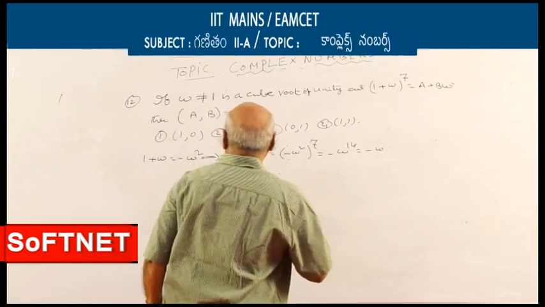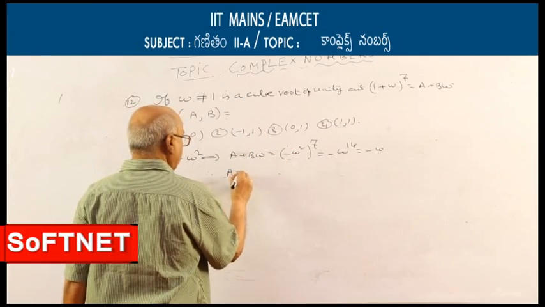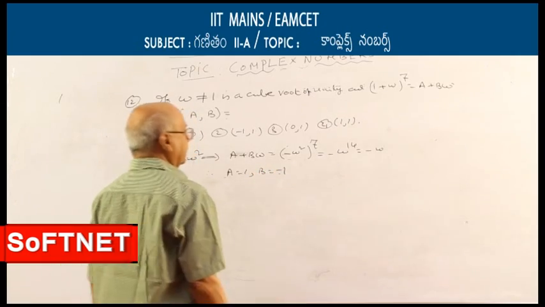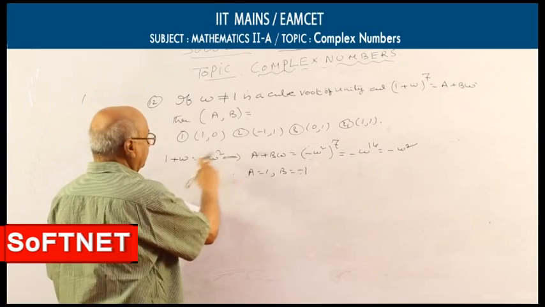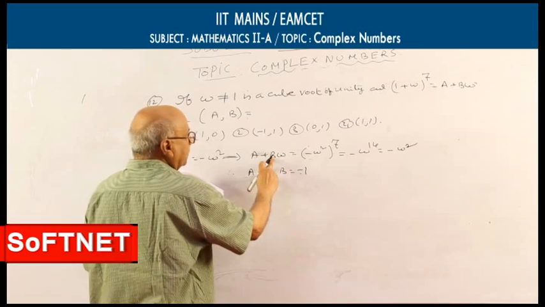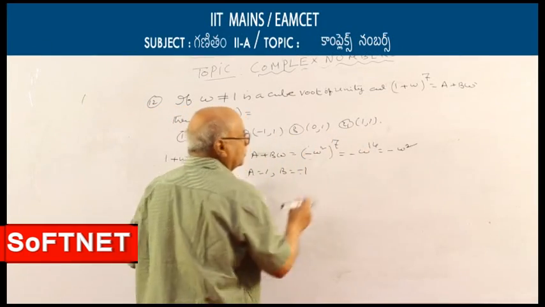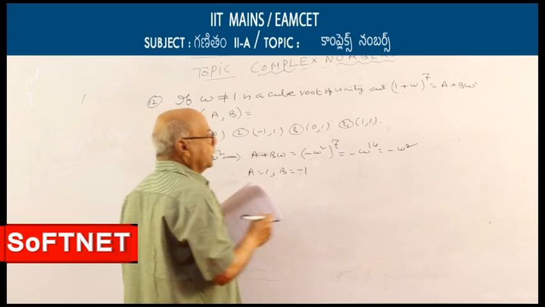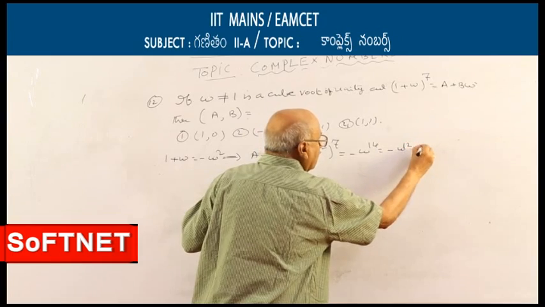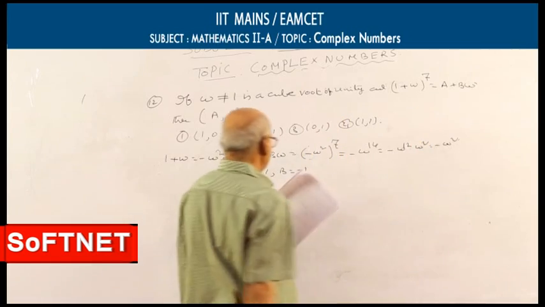So therefore a plus b omega is equal to minus omega square whole power 7. So there is minus omega power 14, which is actually omega power 12 into omega square. So which is equal to minus omega square.